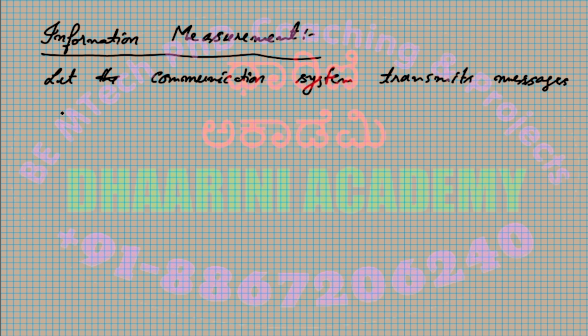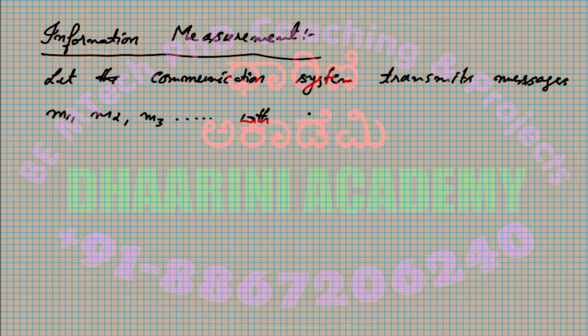I'll give a message some name. So maybe M1, M2, M3, and so on, like that I send many messages. So now you see, I want to define the message with a probability.